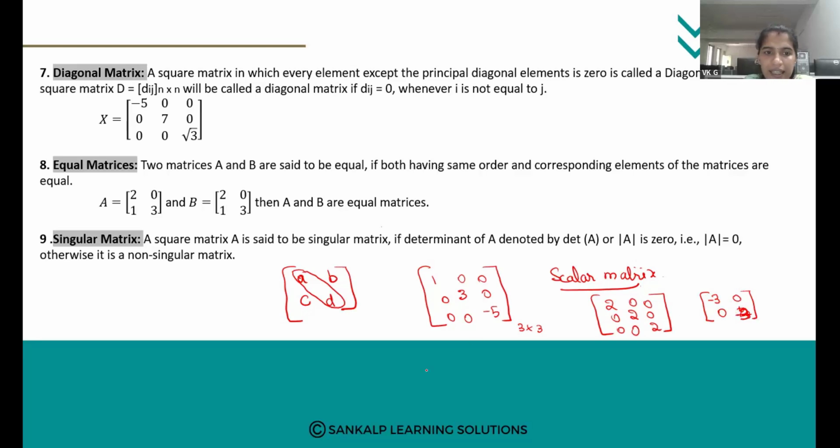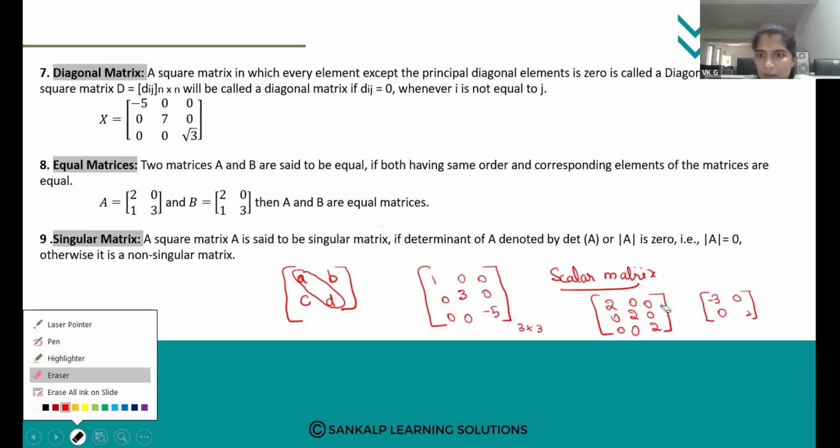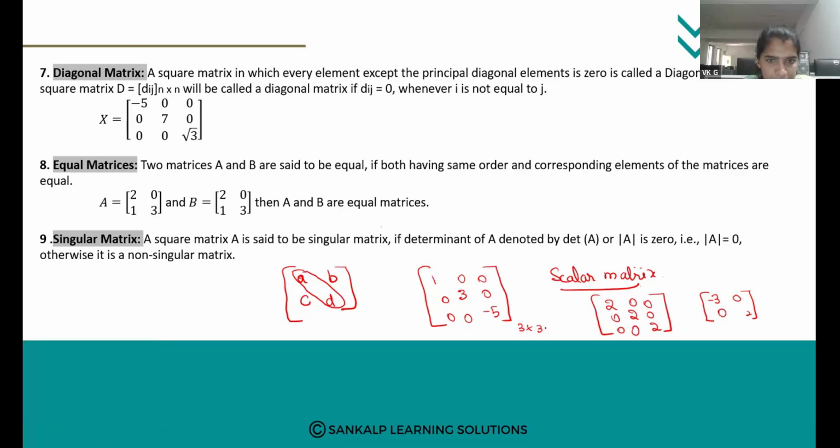Thus, a scalar matrix is a diagonal matrix in which diagonal entries are equal. So, I'll consider this for the time being as -3. So the scalar matrix is a special type of diagonal matrix. Clear now? Next.